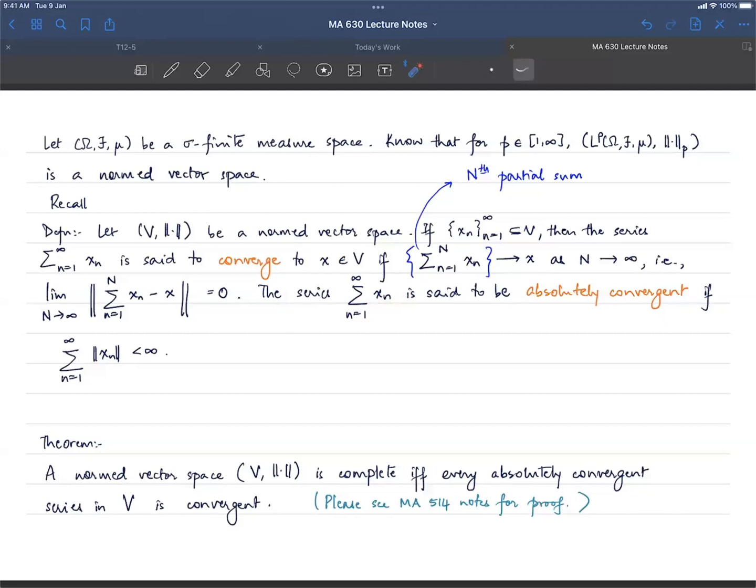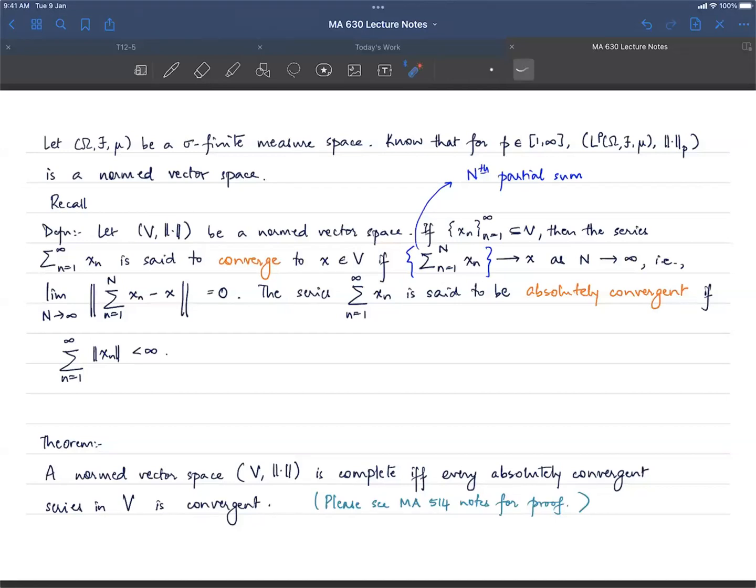Okay. Now, here is a result. Now you can ask about the relation between convergence and absolute convergence. Which one implies which? Absolute convergence implies convergence, always. That's for free.